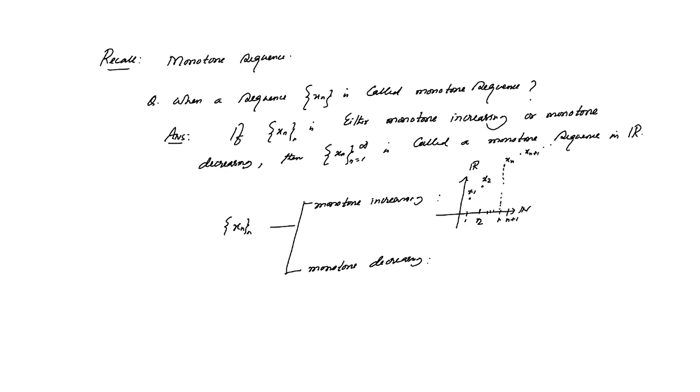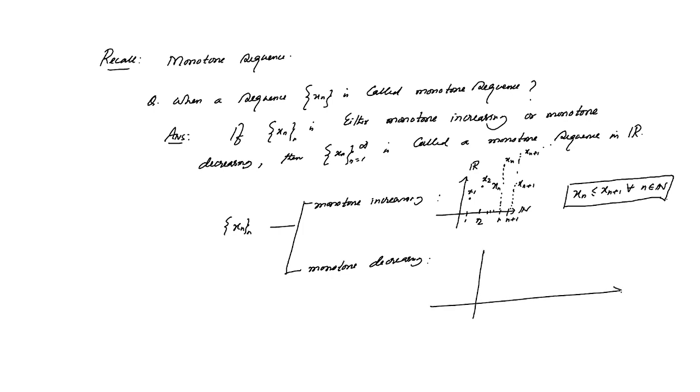So this is the height corresponding to n, and this is xn, so xn and xn plus 1. Here you have seen xn is less than or equal to xn plus 1 for all n belongs to natural numbers. This relation holds for a monotone increasing sequence.